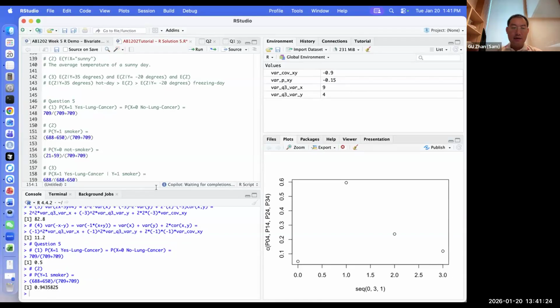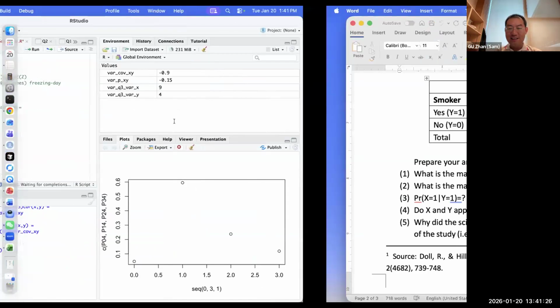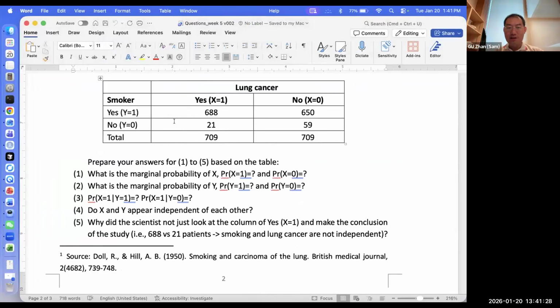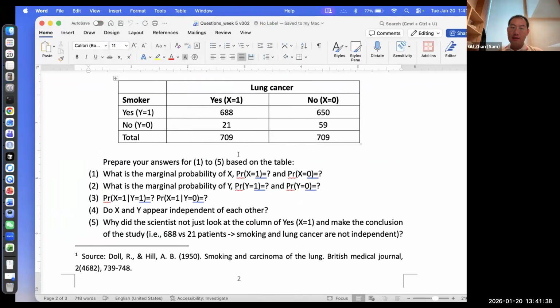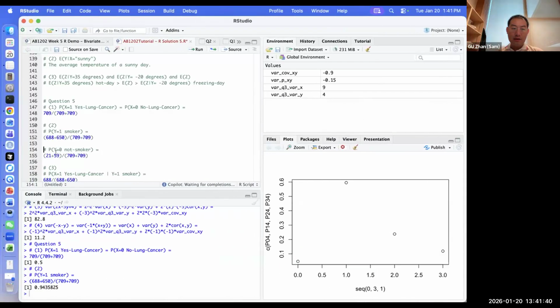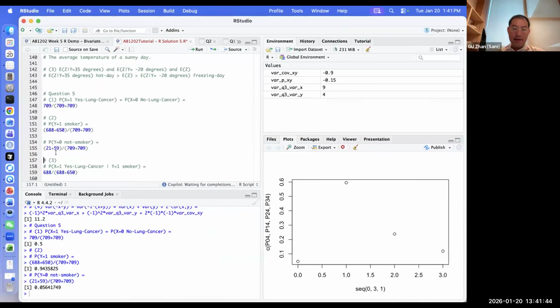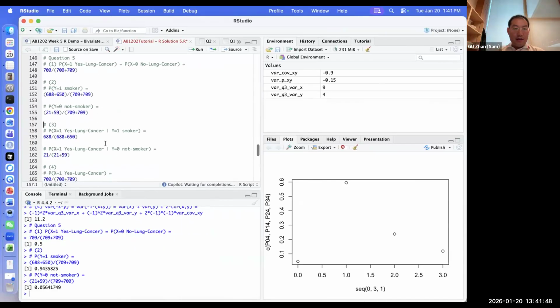So it's actually very high. We treat this data as the universe that we are working on. Then the probability of y equal to 0, so not a smoker, is 21 plus 59 divided by 1418, which is about 5%, 1 minus 95%.